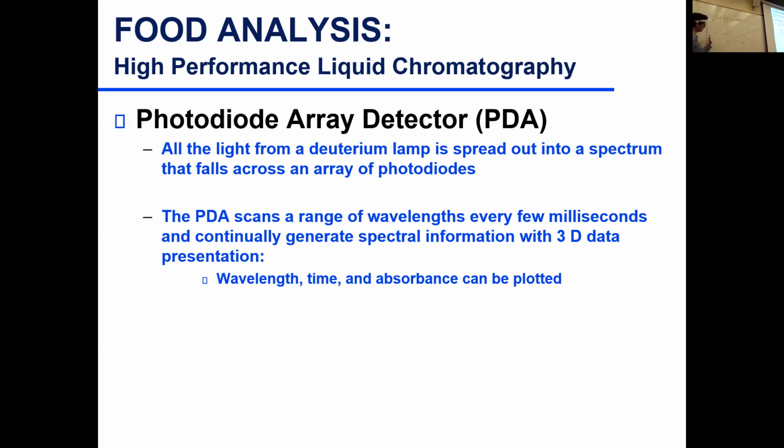But the PDA also gives me the absorption spectrum, which is unique for chromophores. Every chromophore has a unique absorption spectrum. So it tells me where lambda max is and what the range of wavelengths is. Here, if you remember, after 300, caffeine did not absorb light.